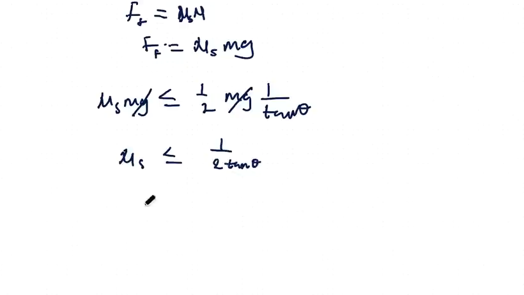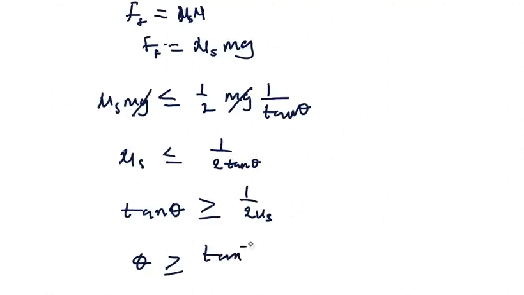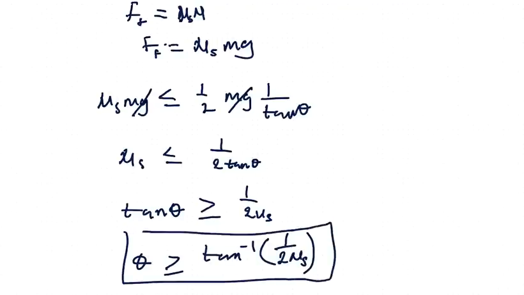So tan theta will be greater than or equal to 1 over 2 mu s, and theta will be greater than or equal to the arctangent of 1 over 2 mu s. So this is the point at which the ladder would not slide.